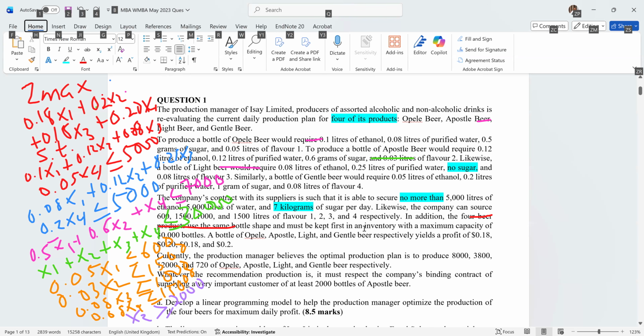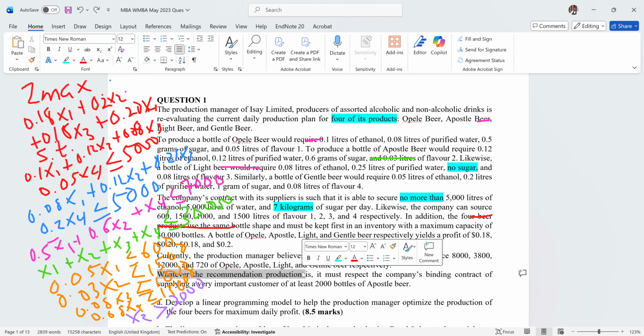So you are told in the question towards the end, somewhere here, that whatever the recommended production is, it must respect the company's binding contract of supplying a very important customer with at least 2,000 bottles of Apostle beer.